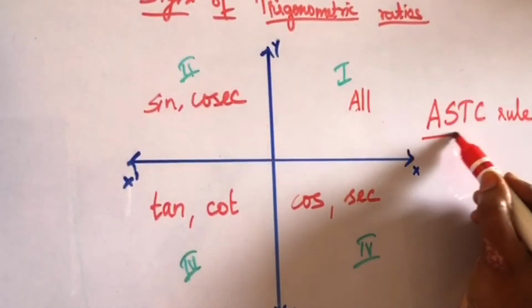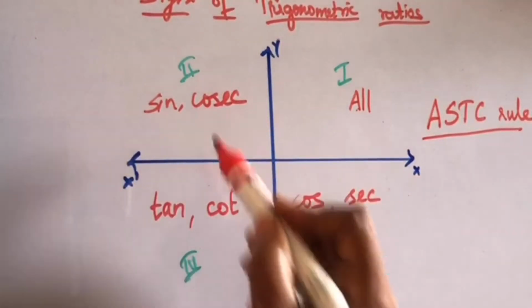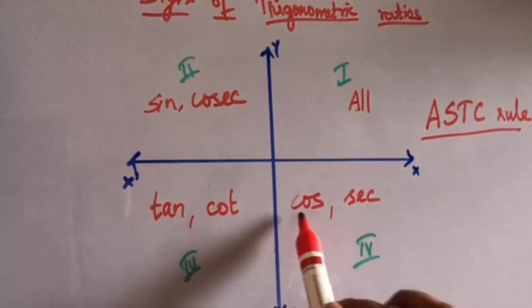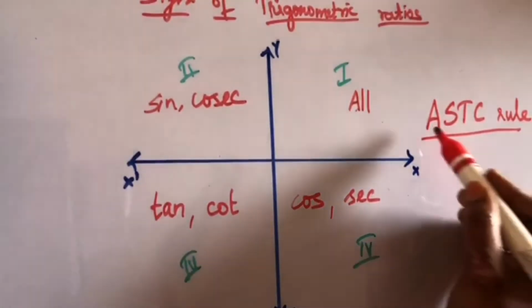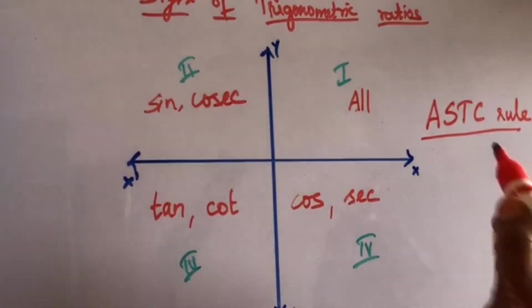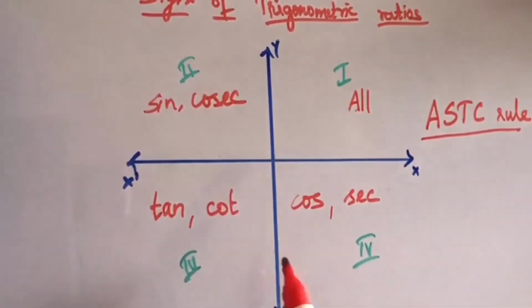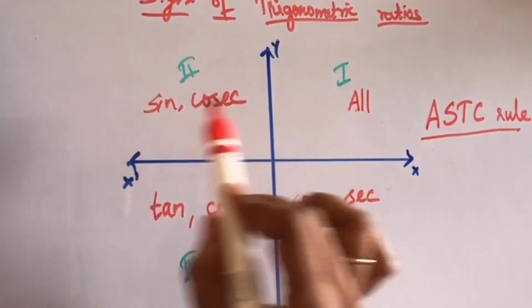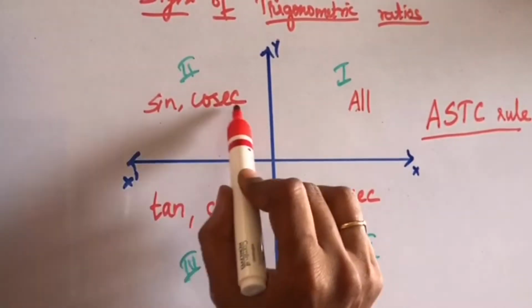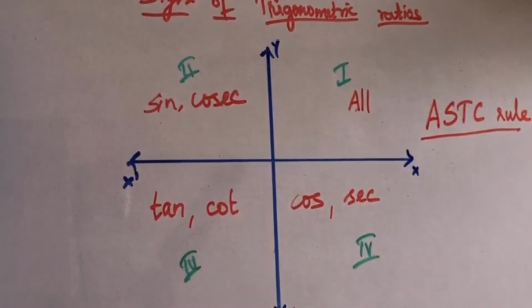If you remember this, you can recall it very easily. All students take chocolates, like that you can remember it. A in the first quadrant, S in the second, T in the third, and C in the fourth. If you write sin, cosecant comes along; tan, then cot; cos, then secant.